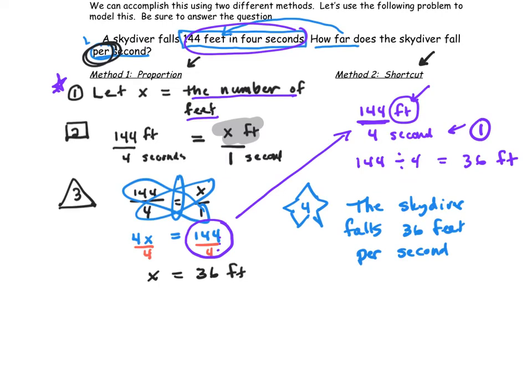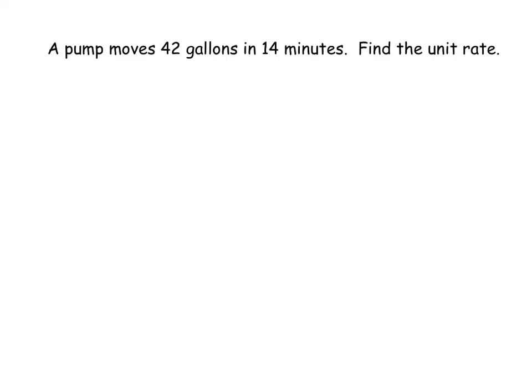All right. So now let's move on to the second problem. So let's read through it. A pump moves 42 gallons in 14 minutes. Find the unit rate. So the question, we always want to figure out what we're being asked to find. You'll notice the question is asking us to find the unit rate. So that's nice.